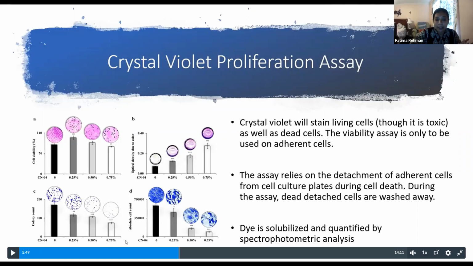Here is an example of that type of data, where they've done a tumorogenicity assay with increasing concentration of the drug, and they've counted the colonies. With increasing concentration of the drug, they found less and less colonies.